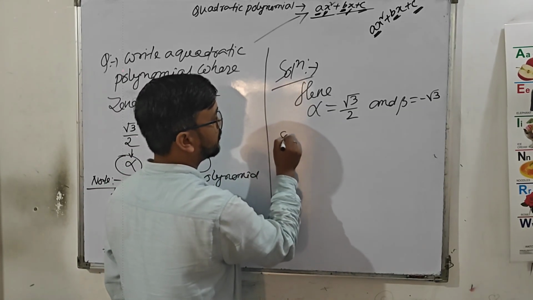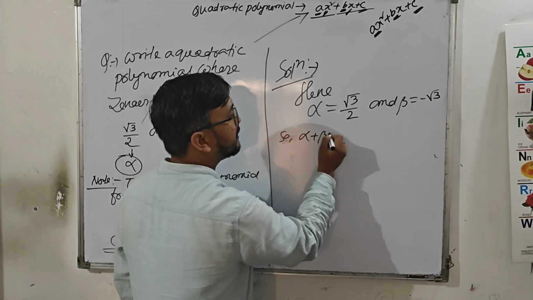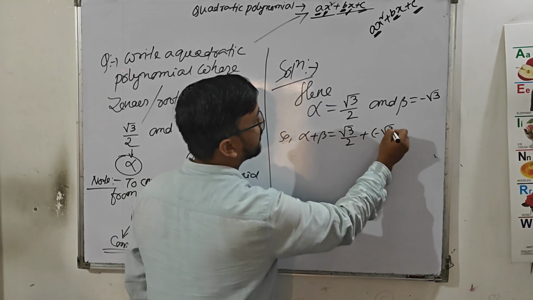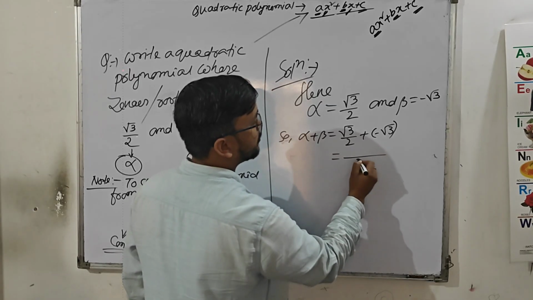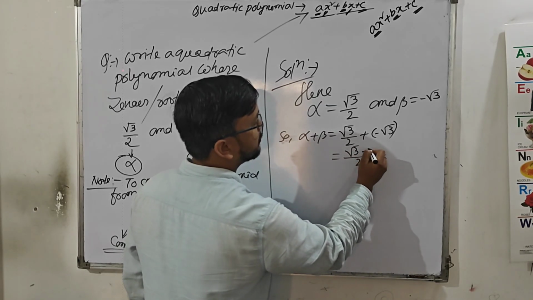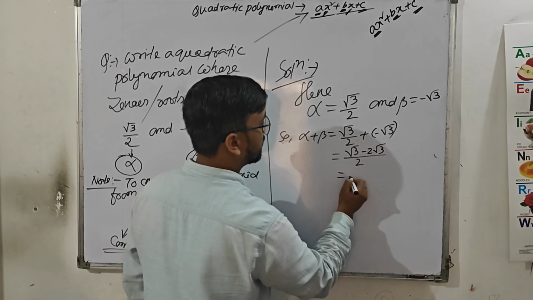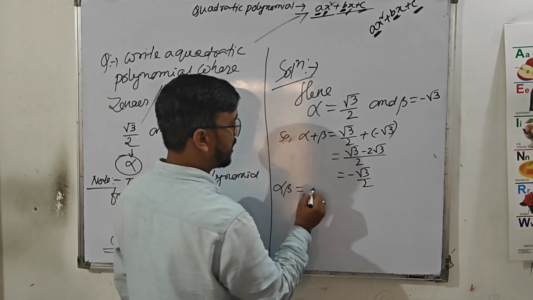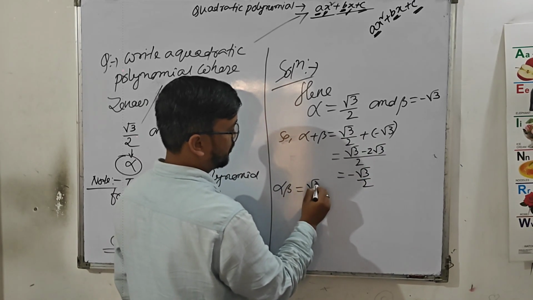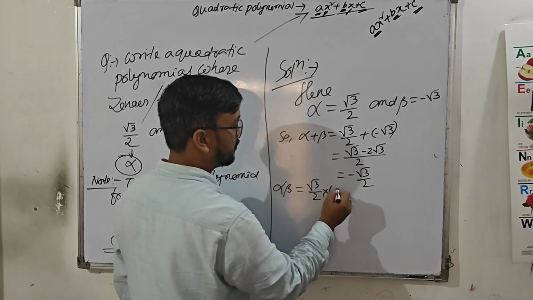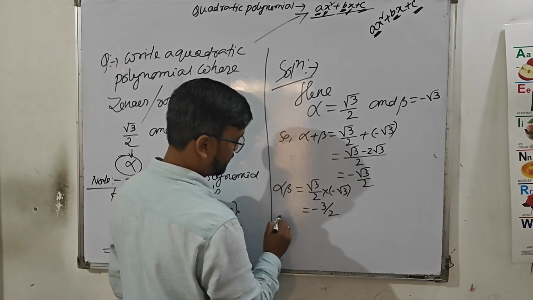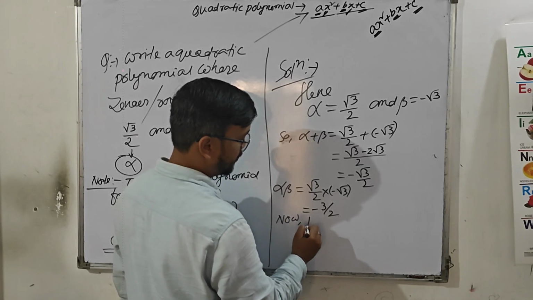So alpha plus beta equal to root 3 by 2 plus minus root 3, this will be minus root 3 by 2. Alpha beta is root 3 by 2 into minus root 3. Now the polynomial.